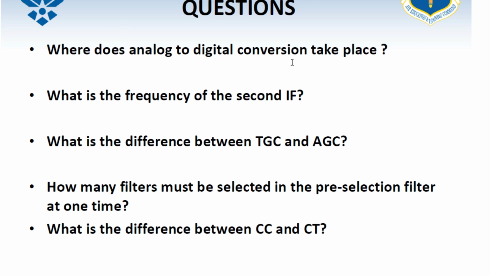So where does the analog to digital conversion take place here? It takes place at the beginning, so it can transfer into data more quickly. What assembly or subassembly? A2, A1. Okay, so if we're talking about the receive side though, where does analog to digital conversion take place?